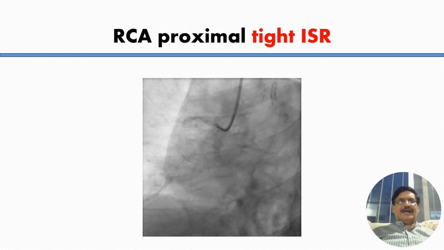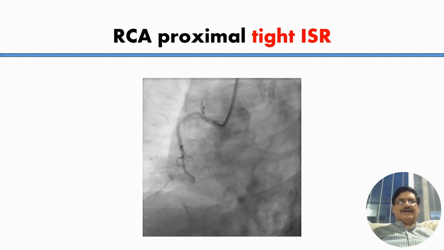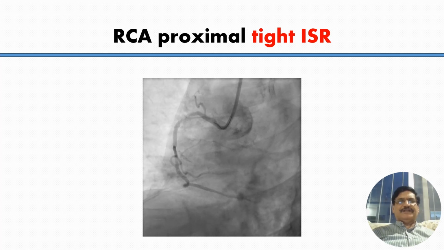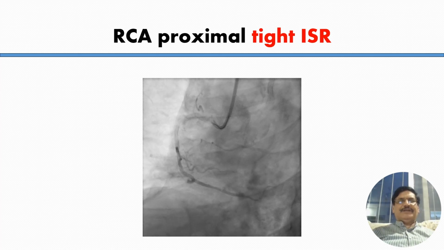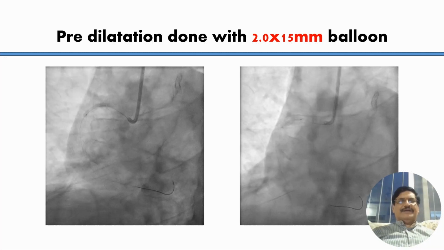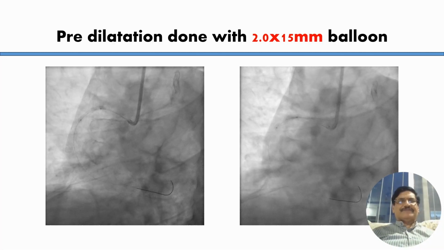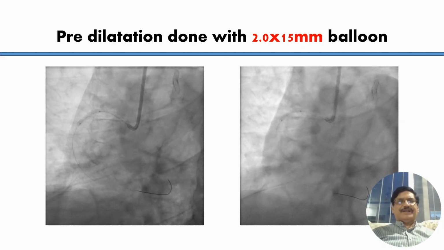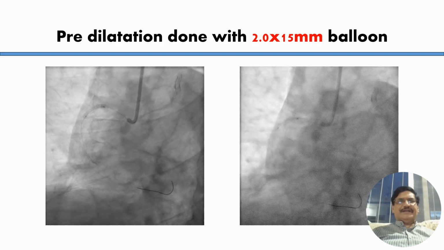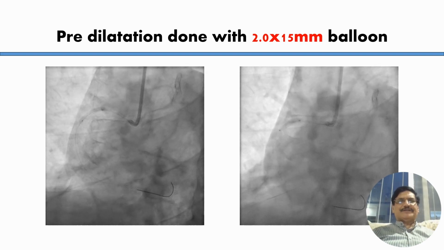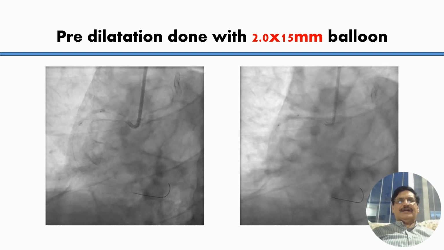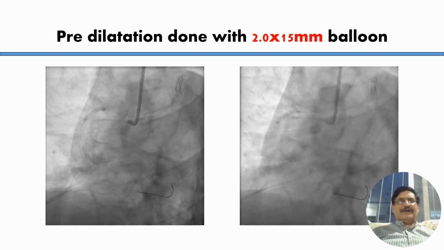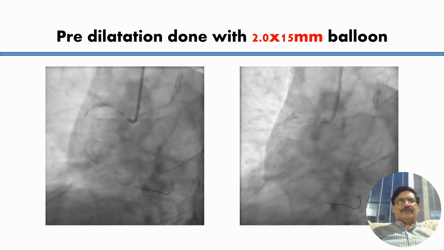This is the angiogram, which revealed a proximal ISR of almost 85% with TIMI 2 flow. As part of the intervention, as the left side stent was patent, we pre-dilated with a 2 x 15 millimeter balloon in the ISR to facilitate the cutting balloon or scoring balloon.